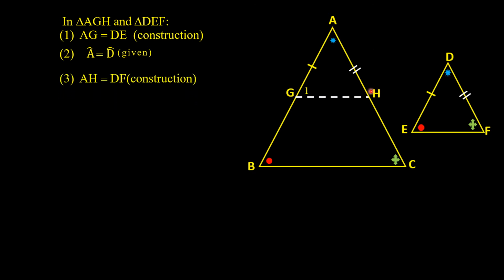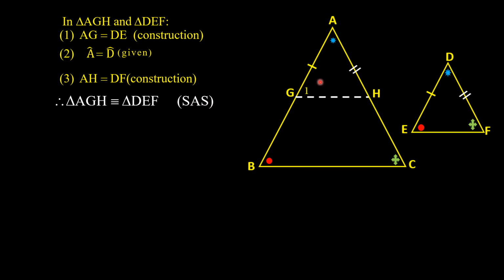AH is equal to DF, that is also our construction. So what we understand? Two sides and one angle of this triangle are equal to two sides and an angle of the other triangle. So they are congruent. We say triangle AGH is congruent to triangle DEF. Reason: side, angle, side.